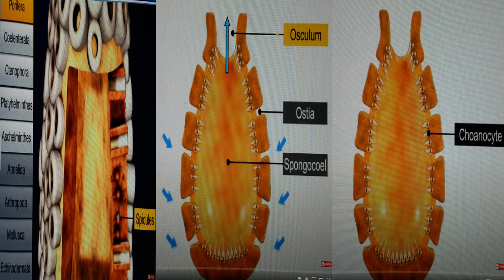You can see in this diagram. Sponges have a water transport or canal system which helps in food gathering, respiratory exchange and waste removal. In this system, water enters through minute pores called ostia. You can see here the ostia.